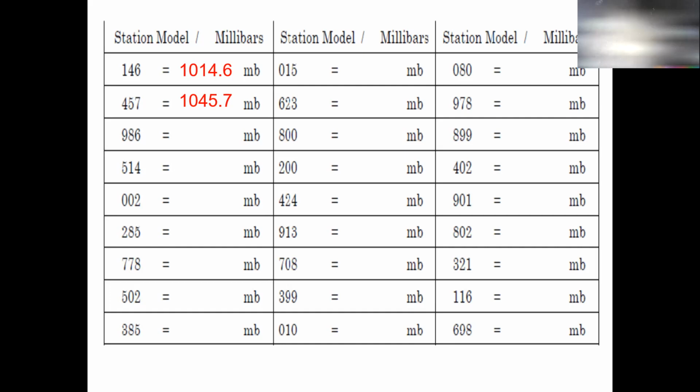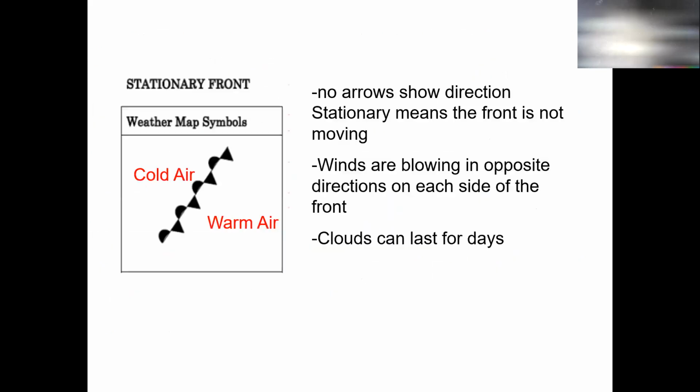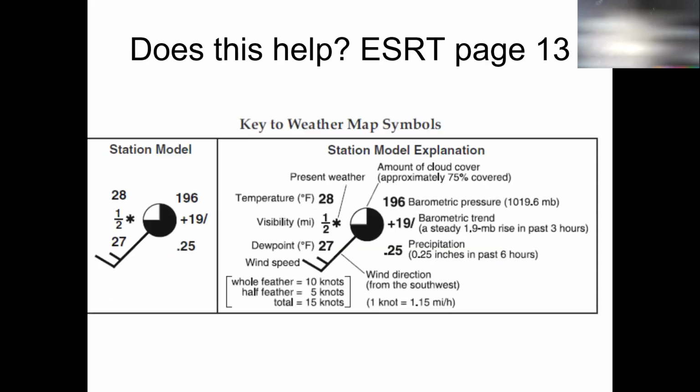Now, if you forget whether to use the 9 or the 10, there are 2 ways of checking. On this key that I showed you on page 13, they do this one for you. They tell you 196 got a 10 out front. So that's a reminder that the little numbers get a 10.